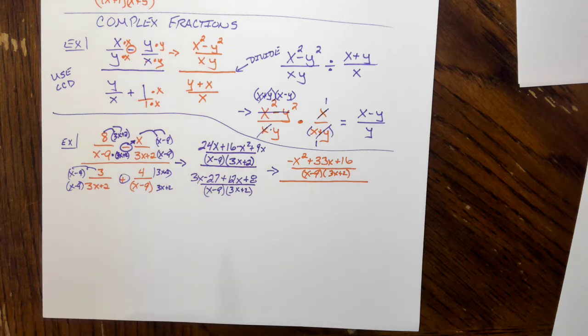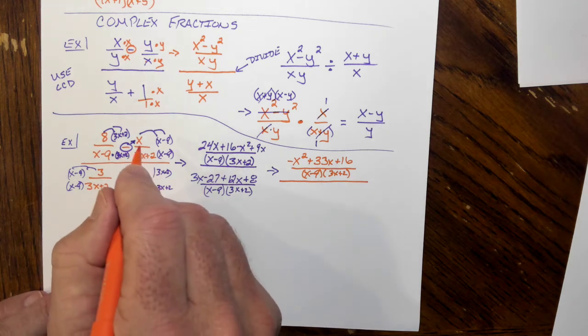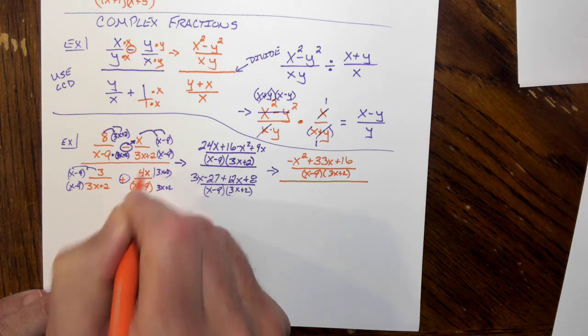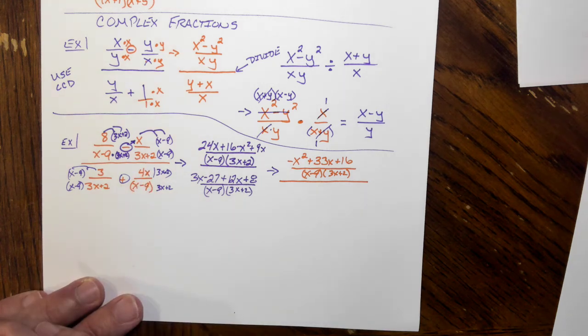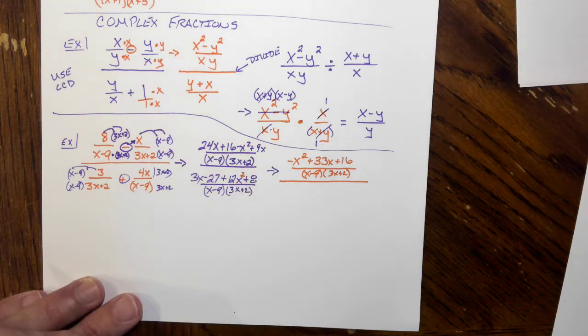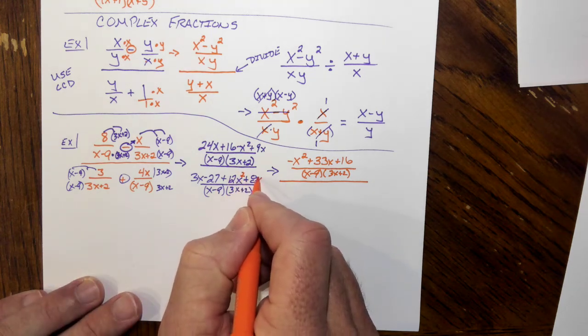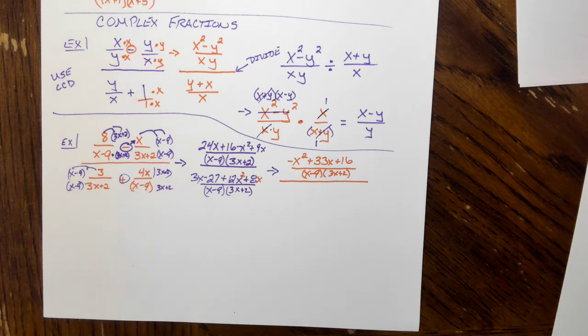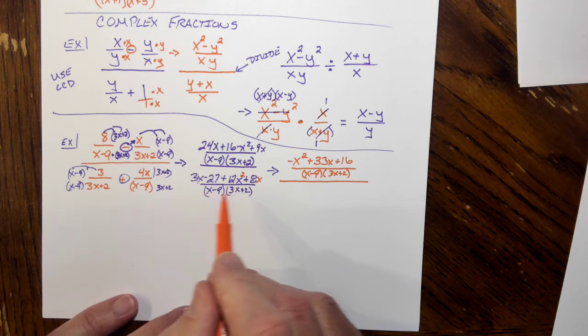Alright, before the typos occur, let's go back. I want to have an x here. So how's that going to change things? That gives me a 12x squared there and an 8x. I apologize for that. I'm going too fast. But at least I caught it before it was all said and done.